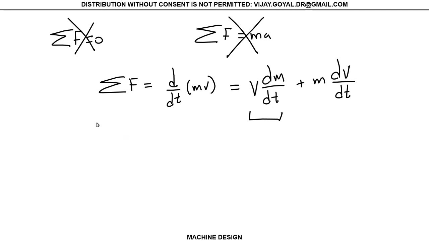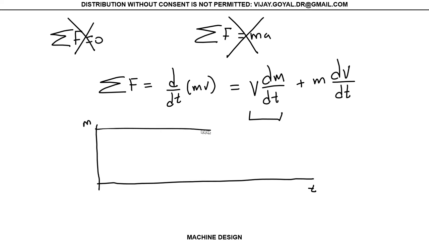By slowly varying, I mean the following. You can have a problem with respect to time, and you've got the mass, and the mass may be changing, right? But as I move along in time, if I take a small delta t, my delta m is almost equal to 0, or is very small.